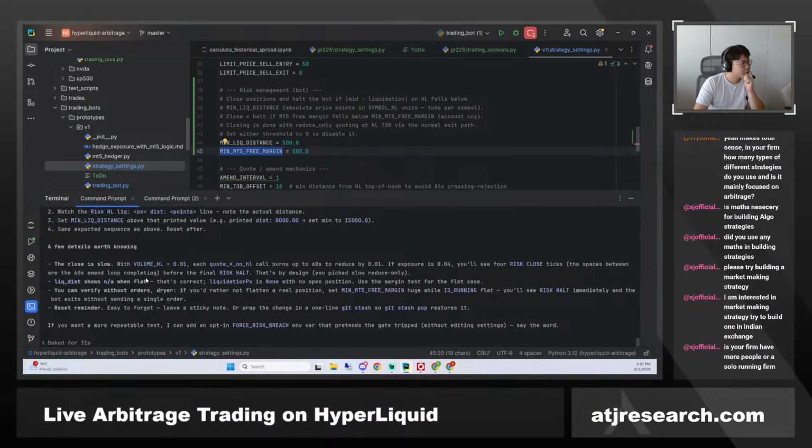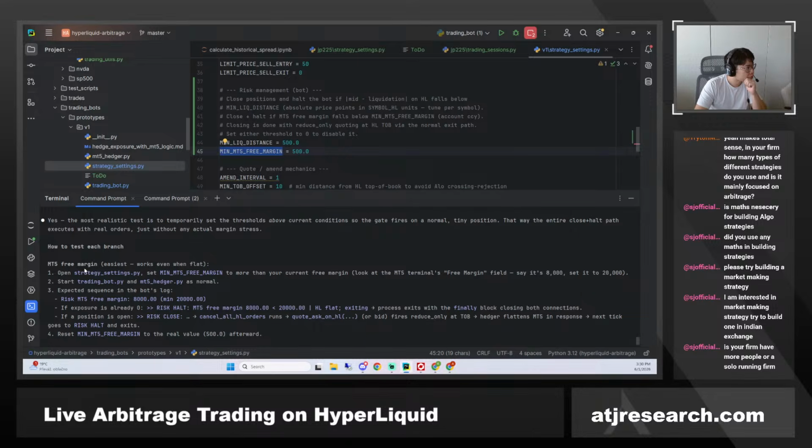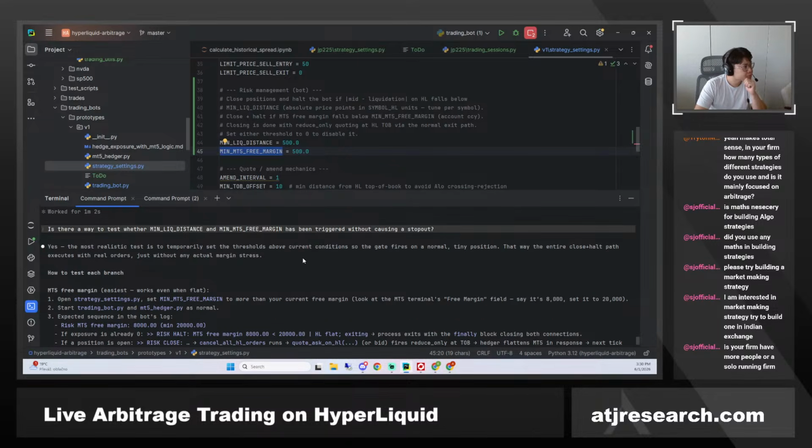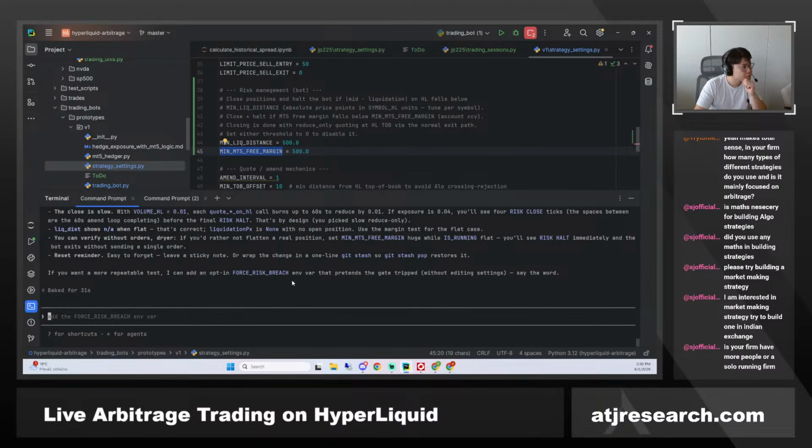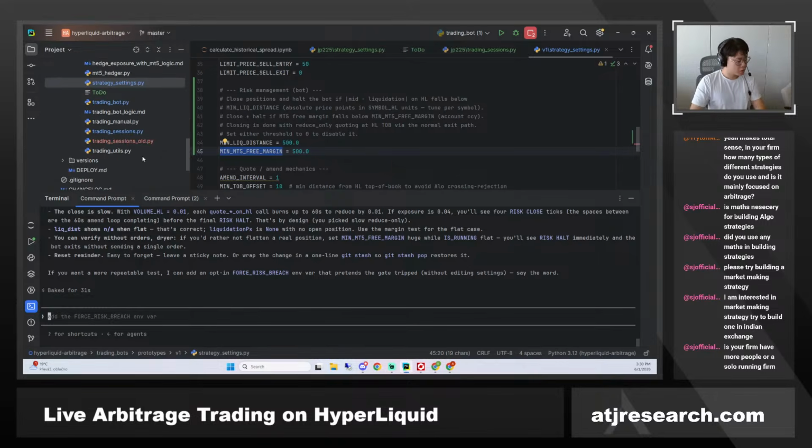Okay, so back to Claude. I also want to create a script that will flatten positions on a symbol by sending maker orders to top of book.